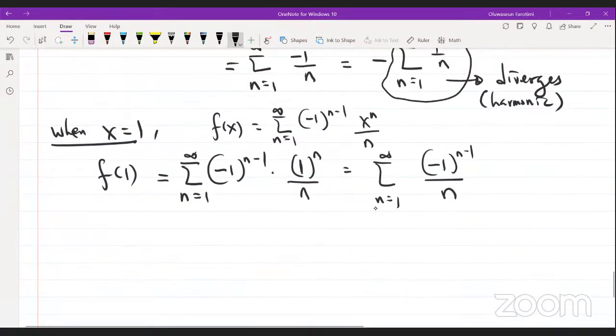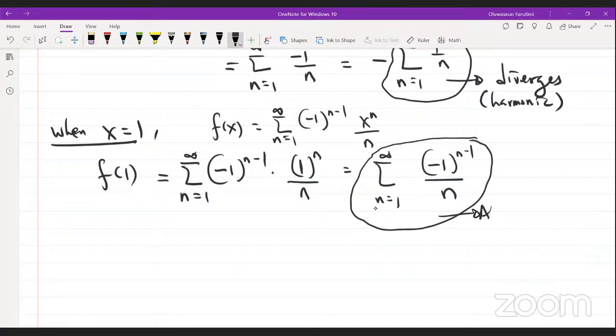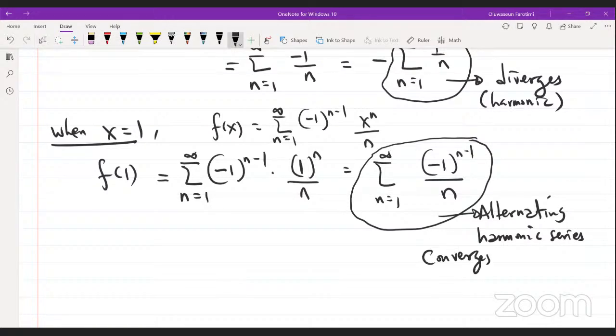From 11.4, this guy is the alternating harmonic series. So what's the conclusion? Harmonic series diverges. However, alternating harmonic series always converges.